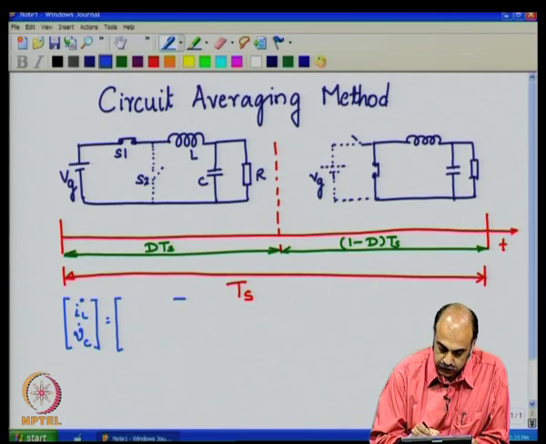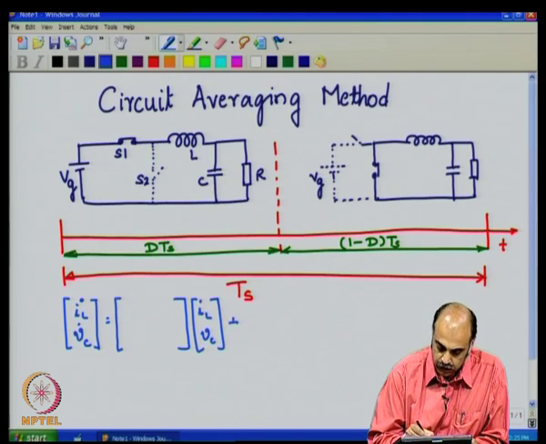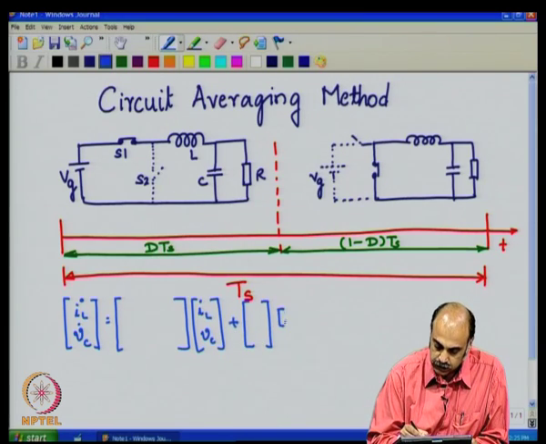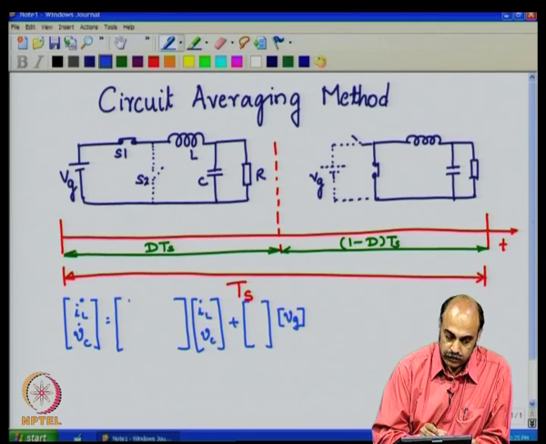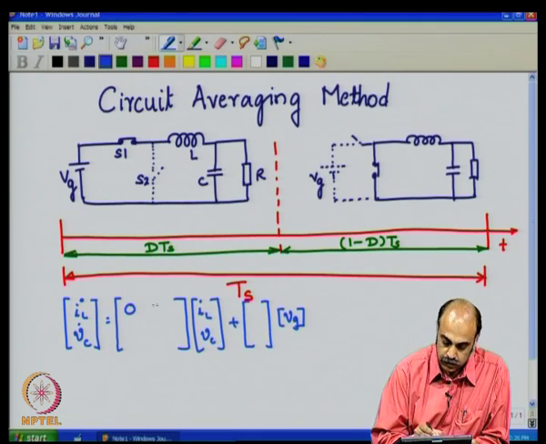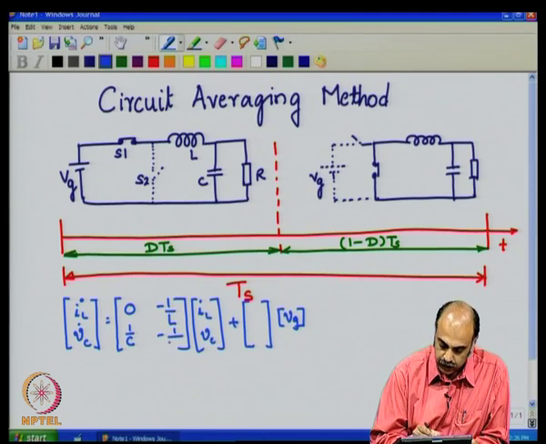So, this has a matrix like that, IL and VC, plus the input matrix where the input is VG, where in this case it was 0, minus 1 by L, 1 by C, minus 1 by RC, 1 by L and 0.